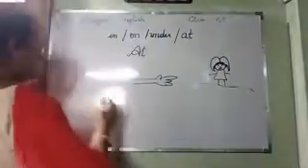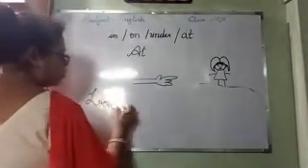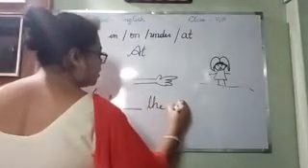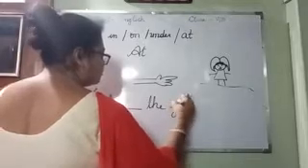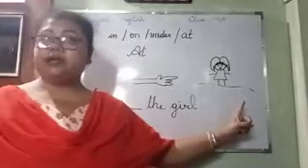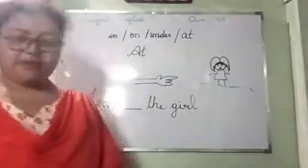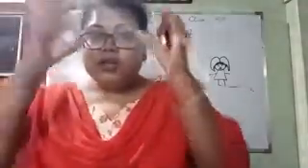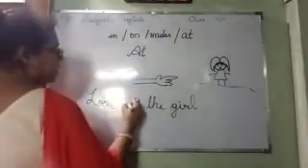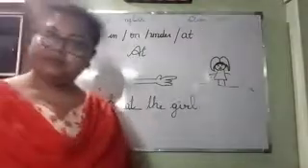Now see, L-O-O-K, look, dash the girl. I am pointing exactly at that girl. That time we use at. Look is there, so what? When look is written, you will write at. Understand?